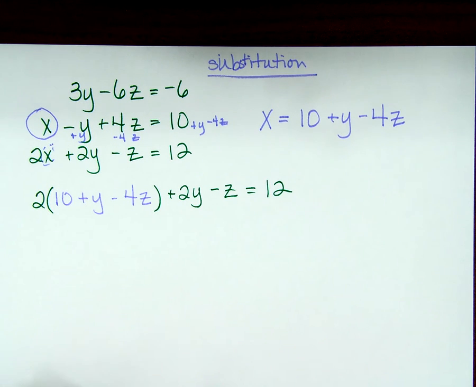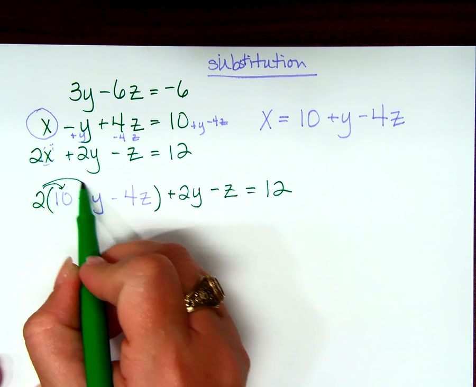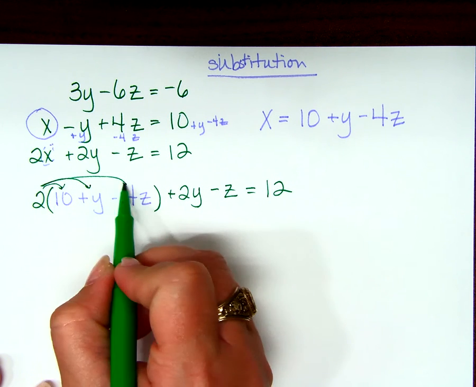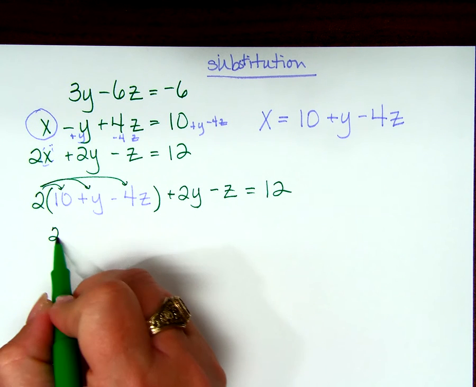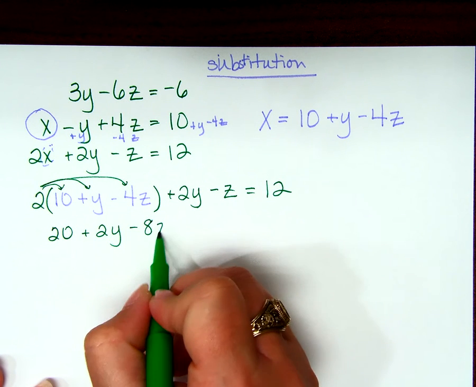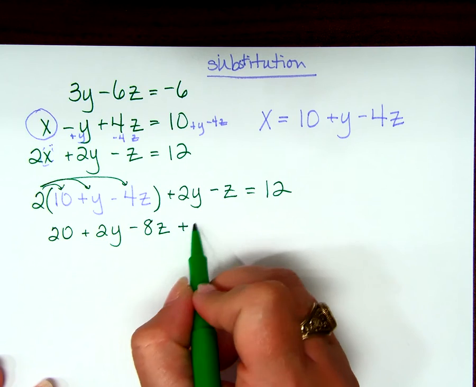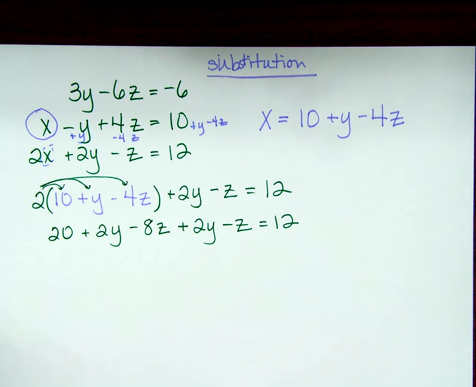Now what do I do from here? Distribute. Here, here, and here, right? To all three of the things in the parentheses. So I have 20 plus 2y minus 8z plus 2y minus z equals 12.